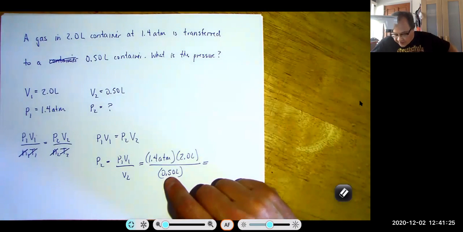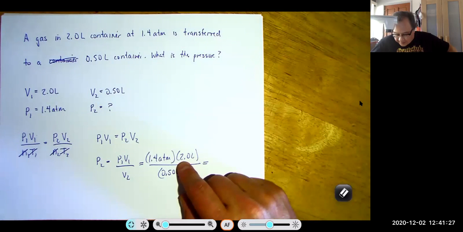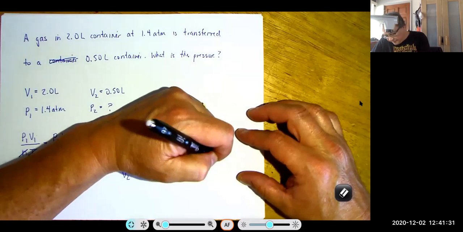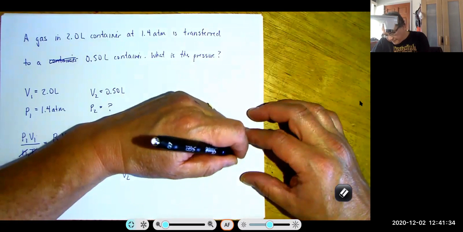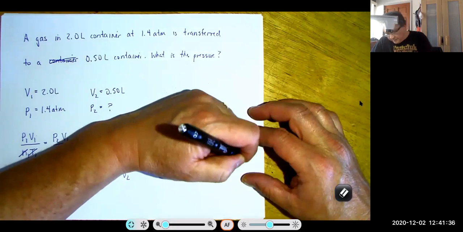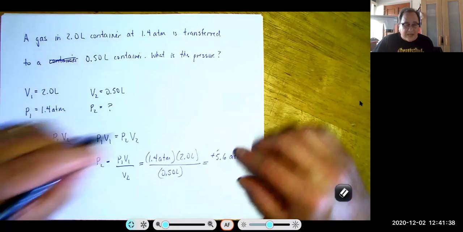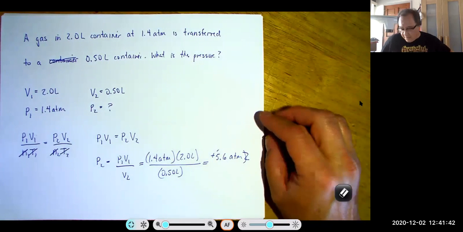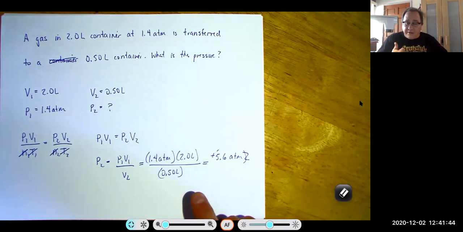So this is going to go into that 4 times, and 4 times 1.4 is 5.6. 5.6 atmospheres. Any questions on how I got to the 5.6 atmospheres? If you're okay with that, give me a thumbs up.